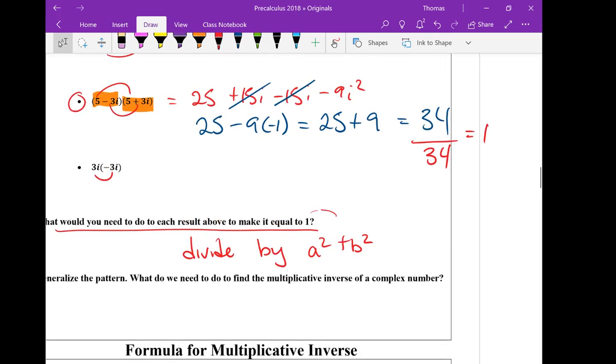So we had this number here, a plus bi, 5 minus 3i. a squared plus b squared would be 5 squared plus negative 3 squared, which is just 25 plus 9, which is 34. So we notice the conjugate gets us almost there, it gets us a real number. We just have to divide by the sum of the squares of a and b, a squared plus b squared, and then we get back to our multiplicative inverse.